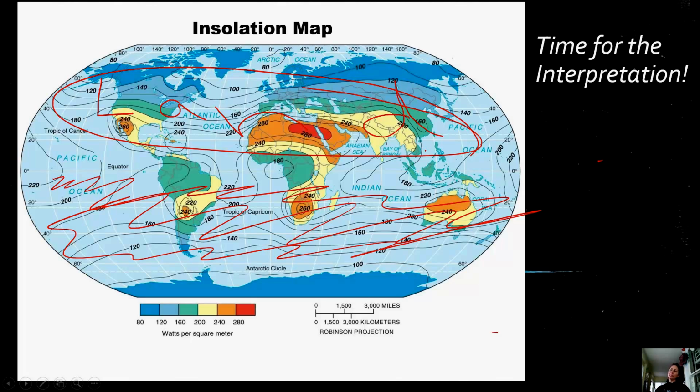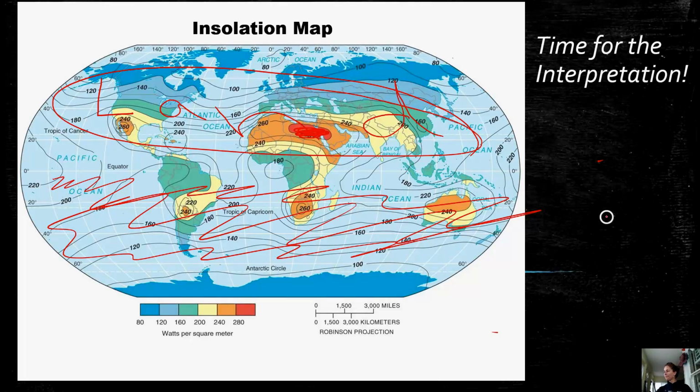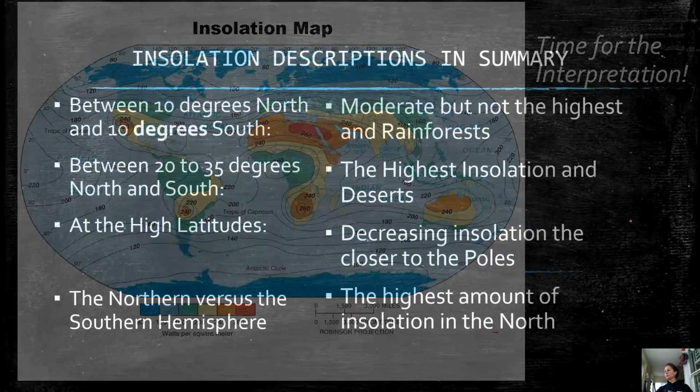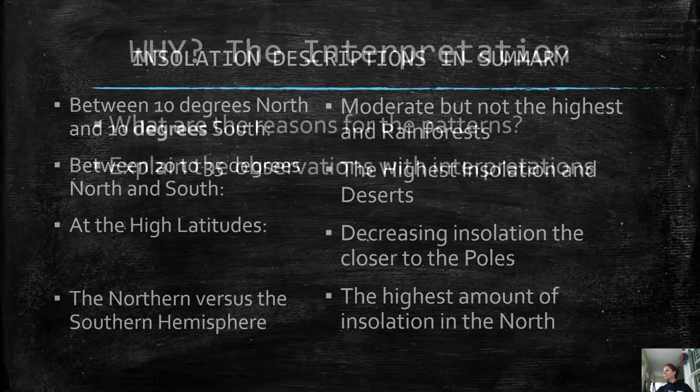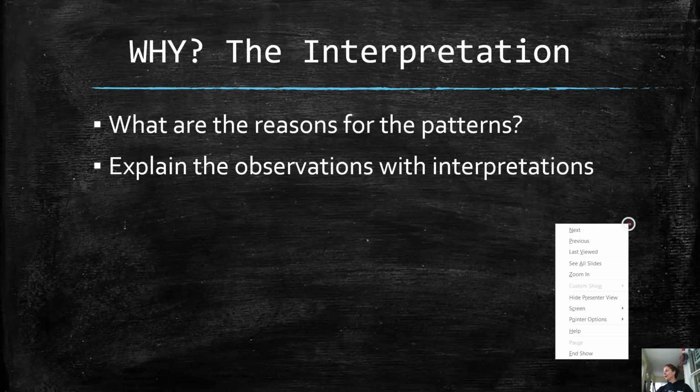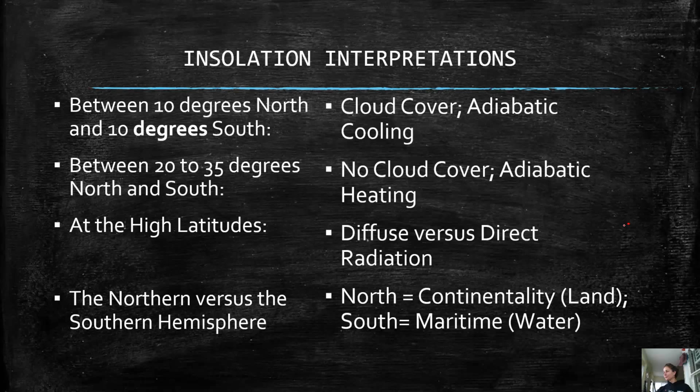And that creates the ability to heat up quickly and cool down quickly and create more extreme conditions. Hence, our highest amounts of insolation in the world are in the northern hemisphere, while the water hemisphere, the southern hemisphere, creates much more moderate conditions. With these descriptions we came up with, we can now summarize our conclusions.